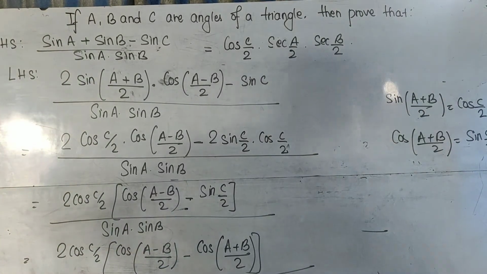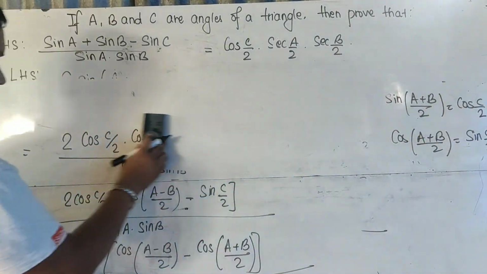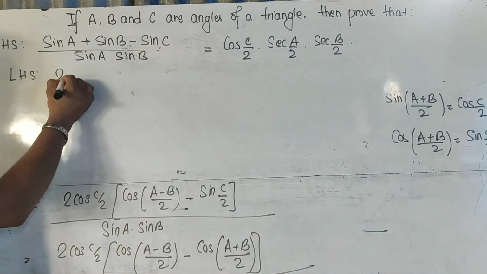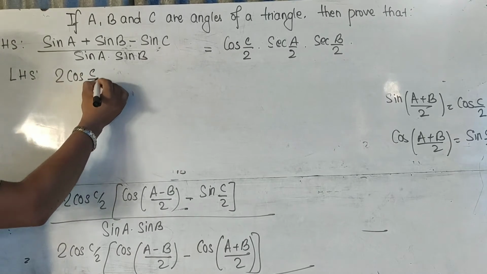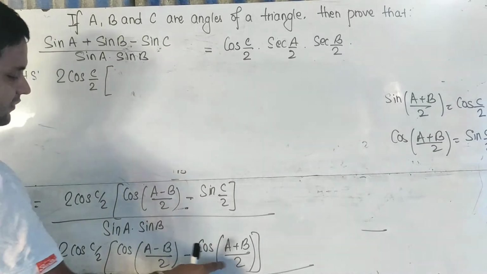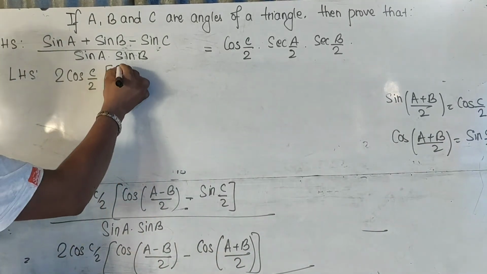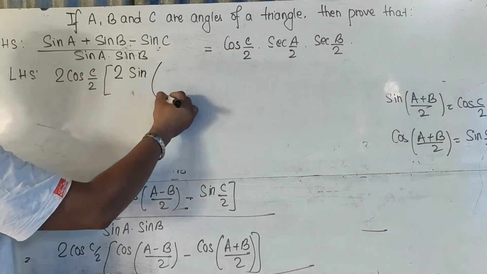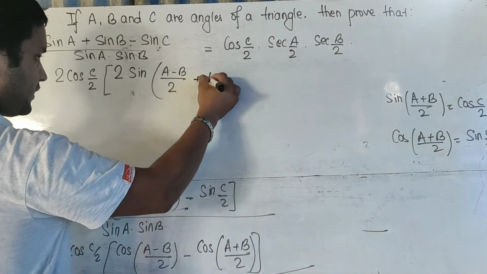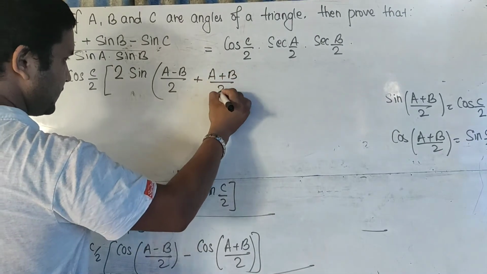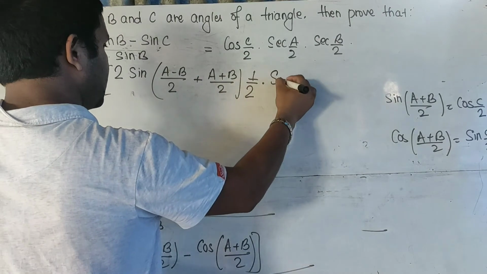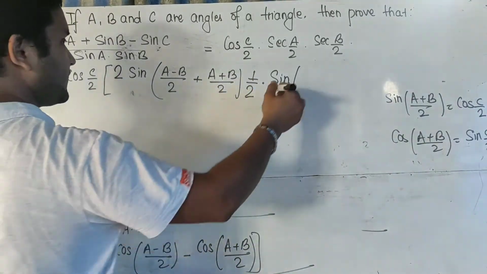Now let's further solve it. 2 cos C/2 as it is. Now you can apply the formula of cos C minus cos D. The formula for cos C minus cos D is 2 sin (C plus D)/2 dot sin (D minus C)/2. This is D minus C, by 2.